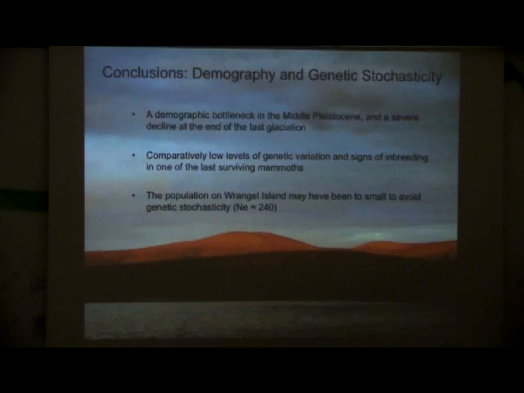So this is well below this magical 500 number in conservation genetics, which according to Franklin and colleagues, Frankham and colleagues, you should try to stay above in order to not gradually lose genetic diversity. So in order to preserve your adaptive potential, if something in the environment changes, you want your population above 500 in Ne. And it appears that the mammoths were below that, so maybe that is the reason why they had lost genetic diversity.